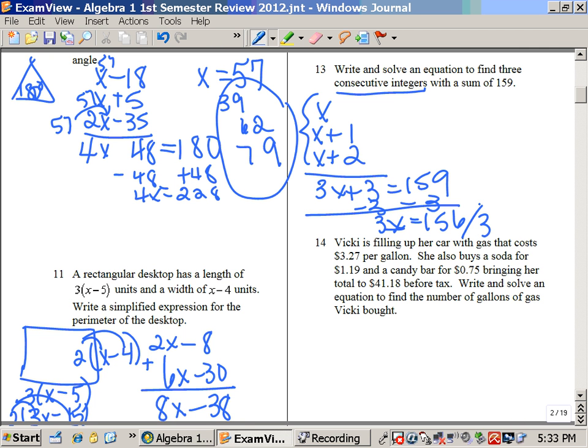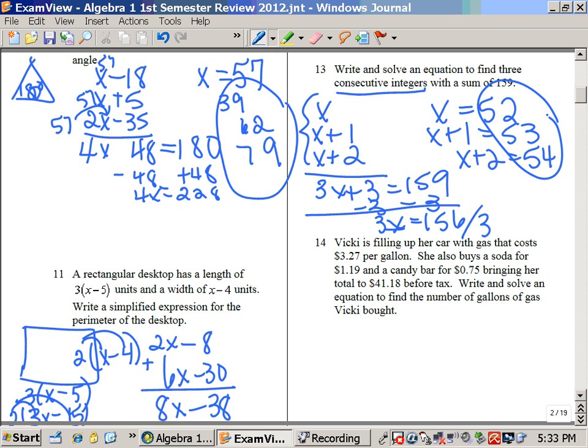Divide by 3 underneath each problem, and your first consecutive integer is going to be 52. x + 1 is 53, and x + 2 would be 54. And you should check to make sure that all 3 of those add up to 159.